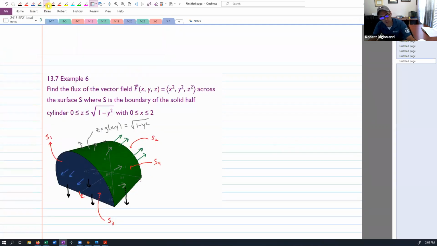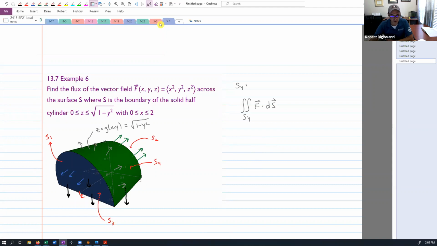Okay, so here we go, S4. Unfortunately, the normal is changing, so I'm going to have to do this. F dot dS, but that by definition is the double integral over D of F dot, sorry, no, special case, right?